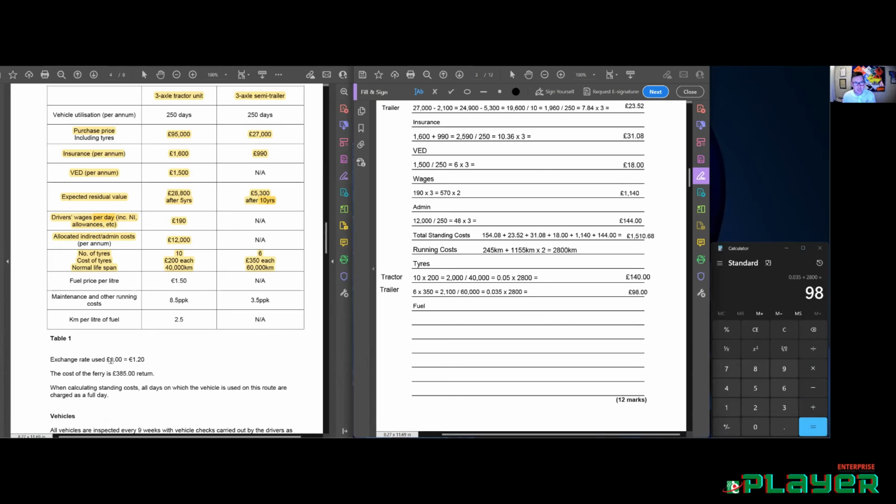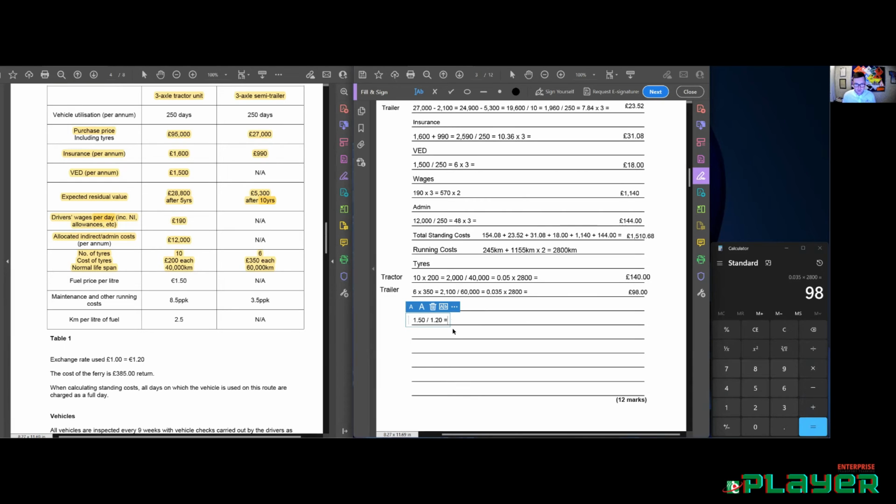And it tells me my exchange rate is £1 to €1.20. So what I'm going to do is convert, first of all, that 150 into pounds, just to make it easy to start with. So I'm going to take my euro figure, which is 150, and I'm going to divide by 120, because that is the exchange rate.